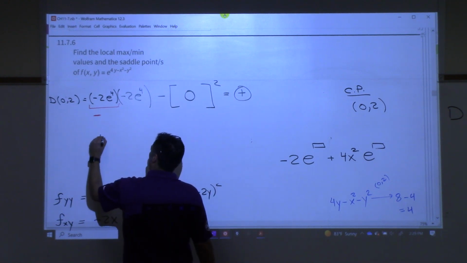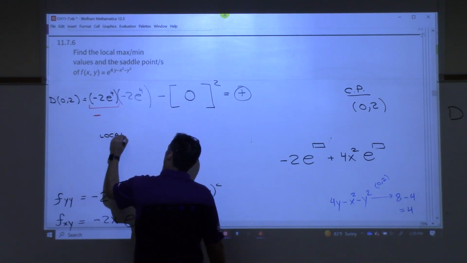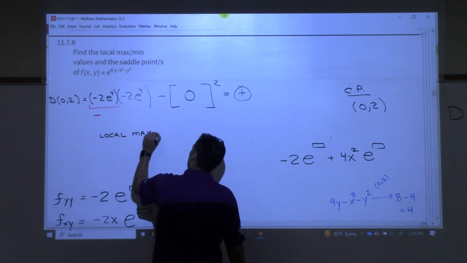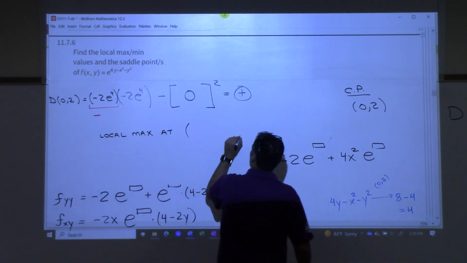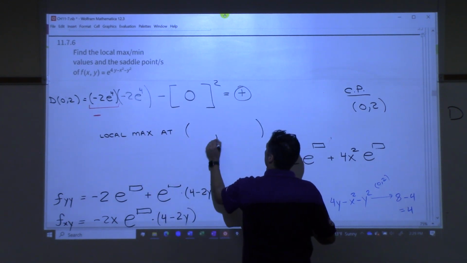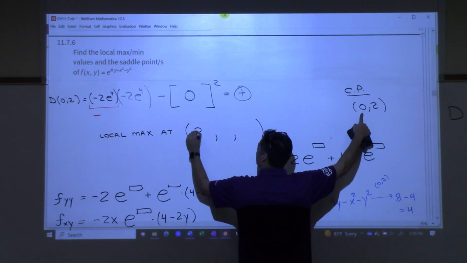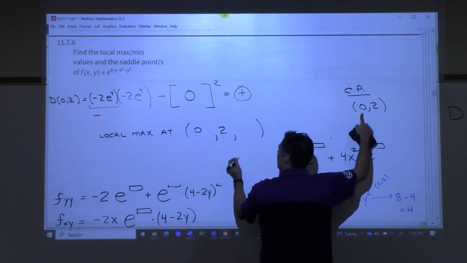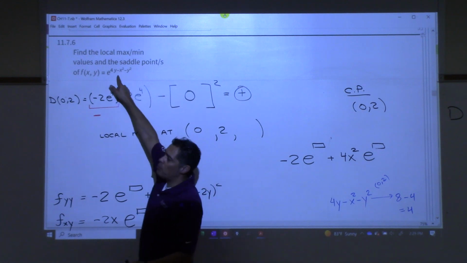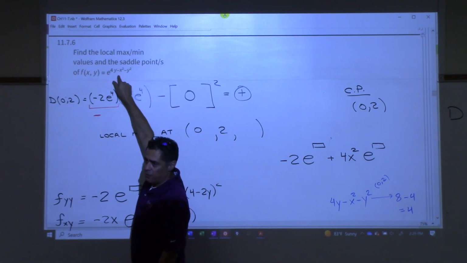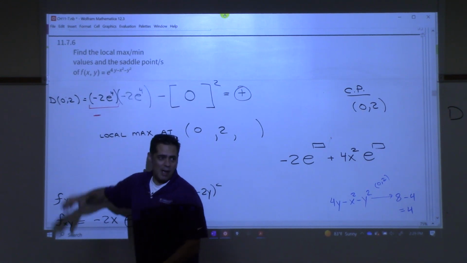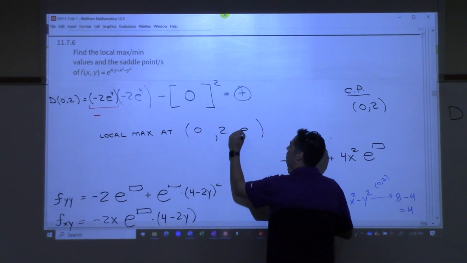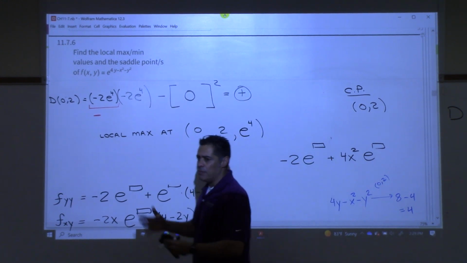So I have a local max at this ordered triple. It was 0 for x, 2 for y, and now our z coordinate would be whatever we get when we plug 0 for x, 2 for y here, which we've done a few times now. That should just be e to the 4th power, which I'm just going to leave like that.